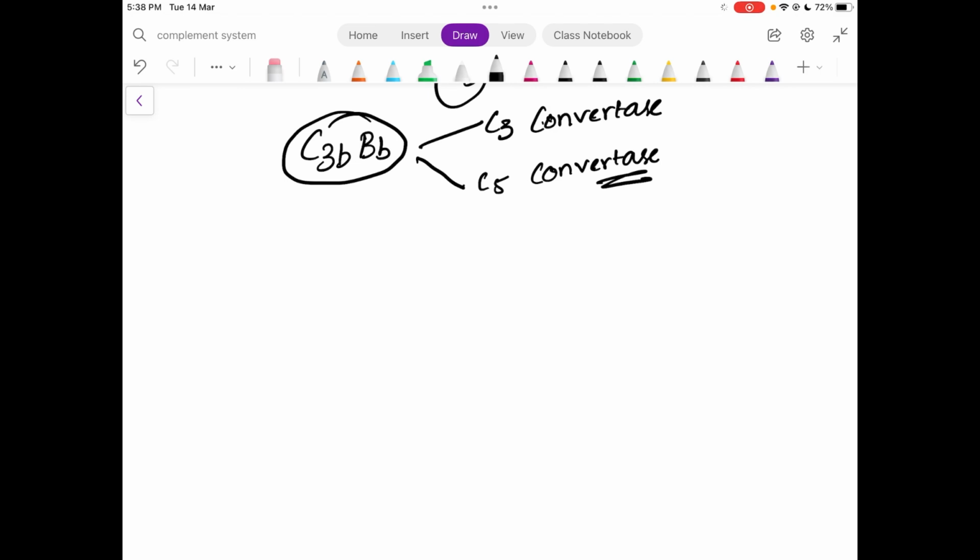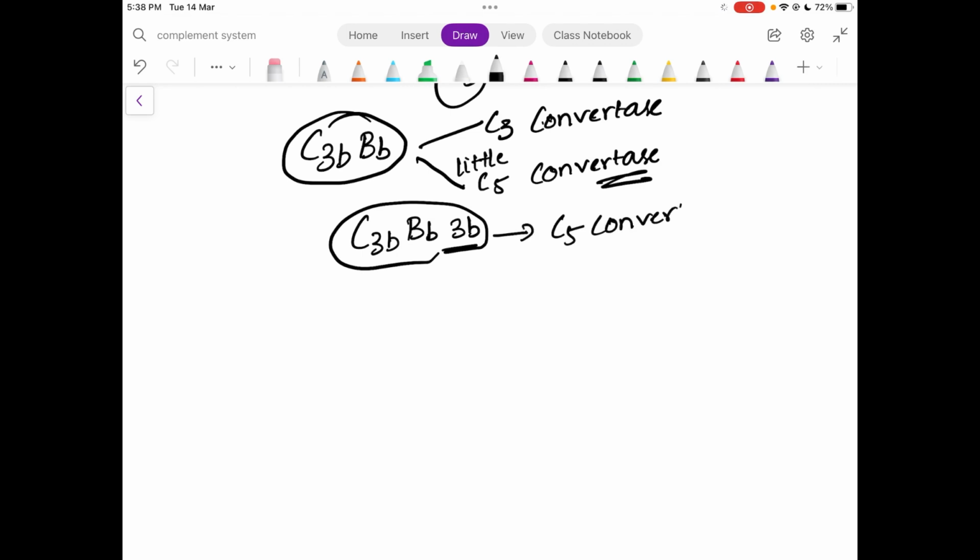Whenever this C3bBb is attached with one more C3b, then this C5 convertase activity will be increased.